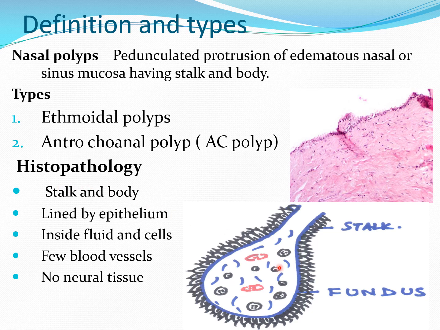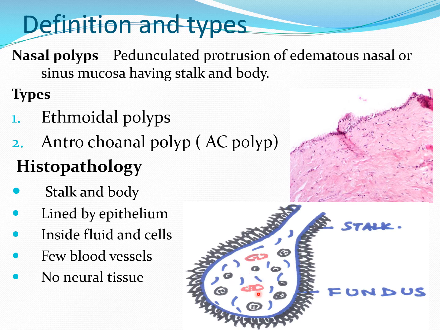So on histopathology, based on etiology, if there is infection, which is seen in enterochoanal polyp, there will be multiple neutrophils and lymphocytes inside the polyp. So there is edematous mucosa that contains fluid, and this fluid will contain neutrophils and lymphocytes in cases of enterochoanal polyp, and in cases of ethmoidal polyp, the etiology is allergy, so these cells will be eosinophils instead of neutrophils.